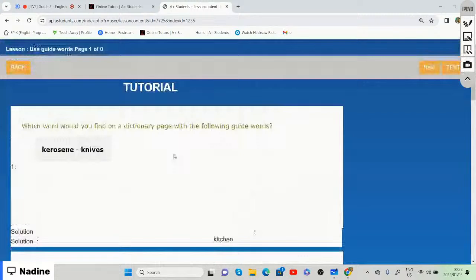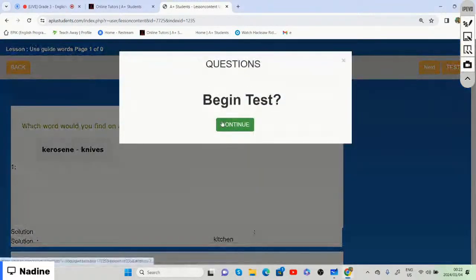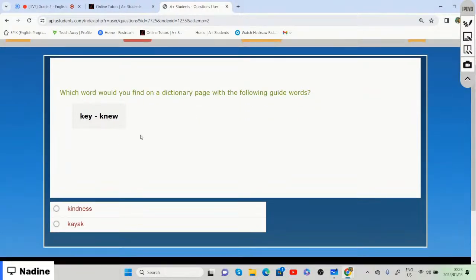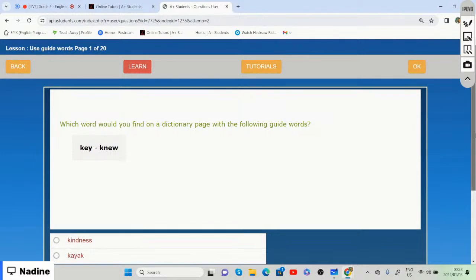All right, so now let's go to our test. There are two words given to us as the possible answers. We need to say which word you would find on a dictionary page with the following guide words: key and new.